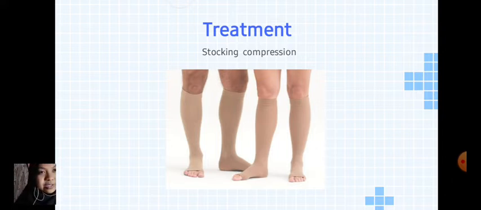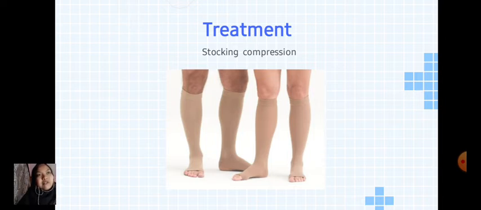you can use stocking compression or garment compression. It's the same, I think. The rationale for using graduated compression garments is to apply external counter pressure to the lower limbs or abdomen with the effect of reducing venous pooling and capillary filtration, resulting in increased venous return.